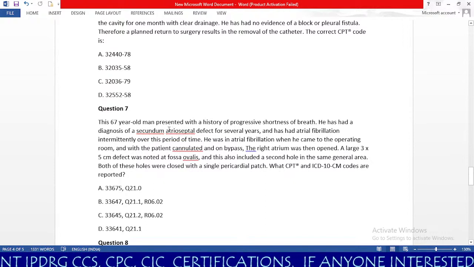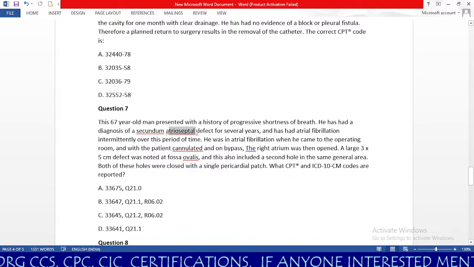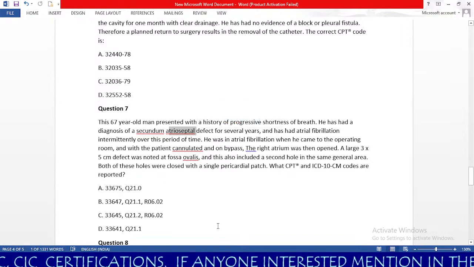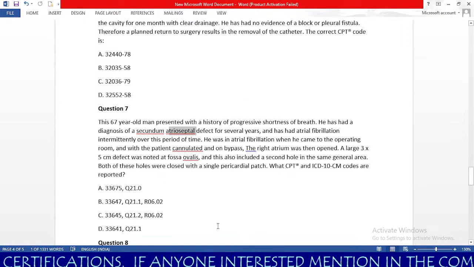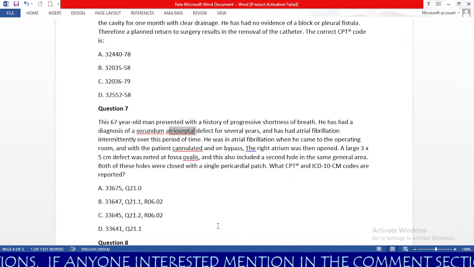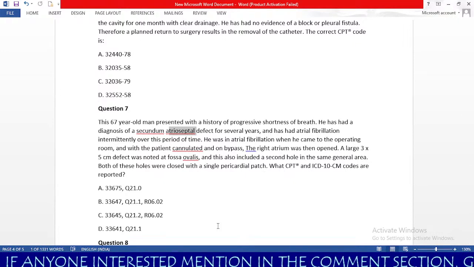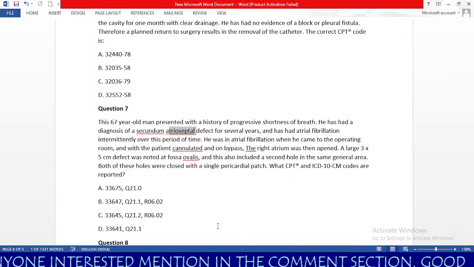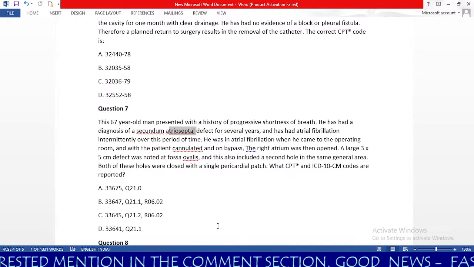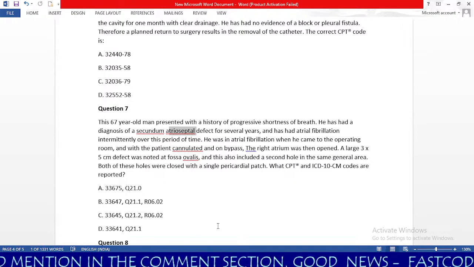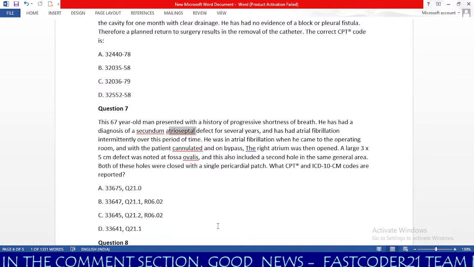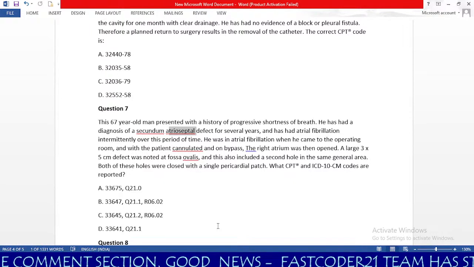He did not mention anywhere a ventricular septal defect. So we need to code only atrial septal defect, and we will not code for ventricular septal defect. You need to understand that atrial septal defect is different, ventricular septal defect is different. Based on the operative report, the physician performed the procedure on only one defect, on the atrial septum. So here our answer is 33641.